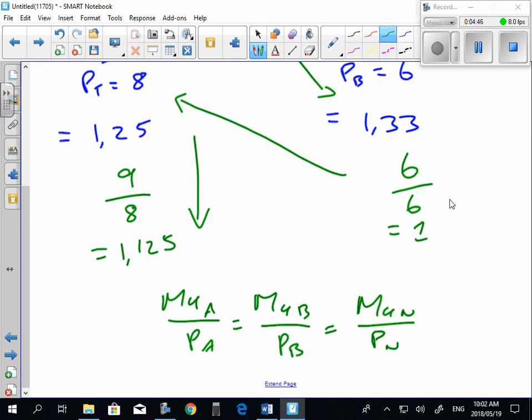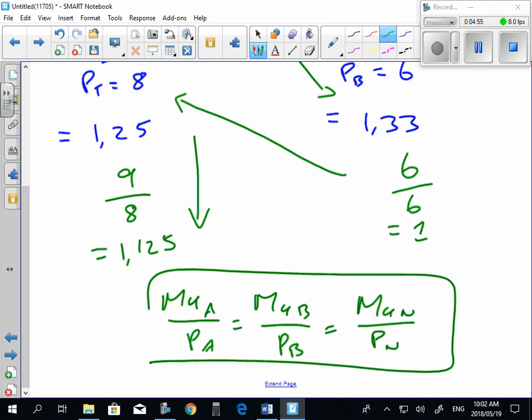And I will purchase the ones with the highest weighted marginal utility until such time as I've equated the marginal utilities of all possible products that I could buy.